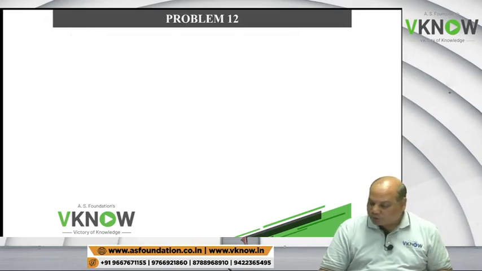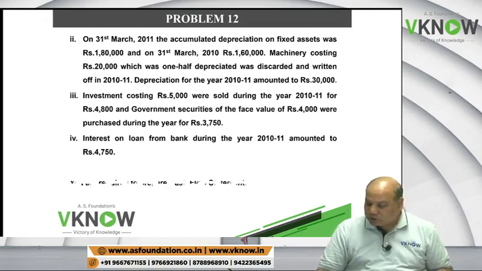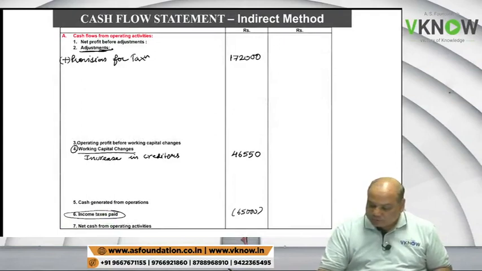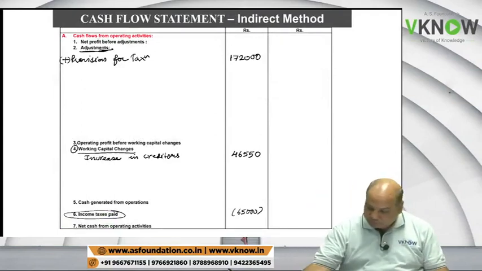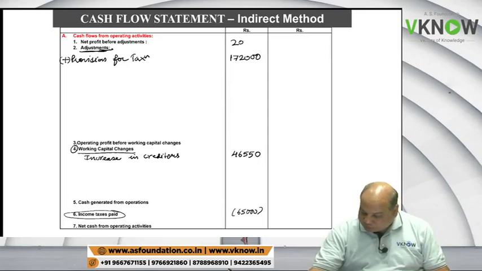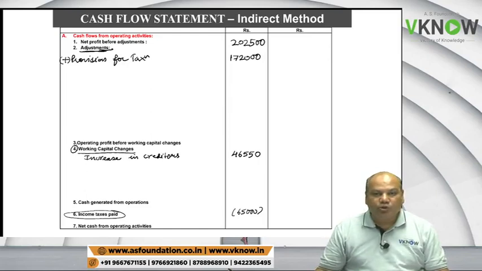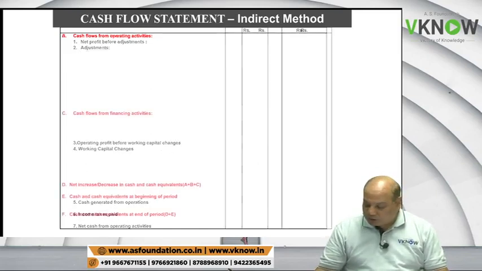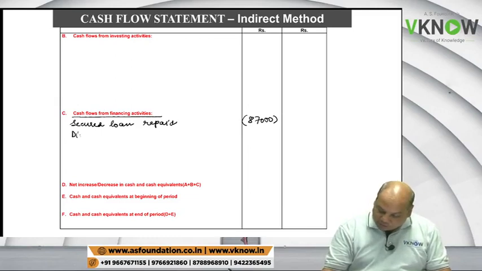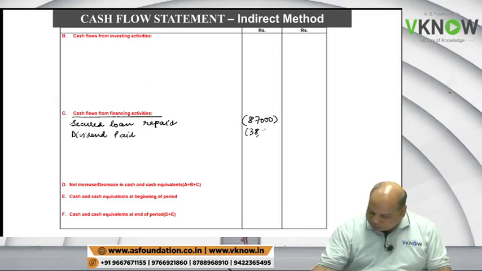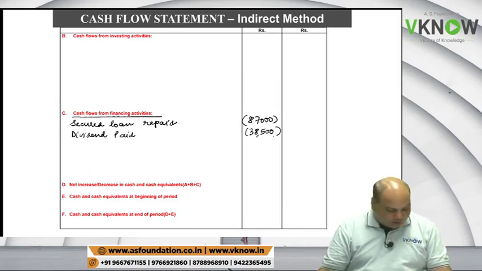Profit for the year you will write in the first line, net profit before adjustment 2,02,500, in your book adjustment number 1. And dividend paid, financing activity outflow, 38,500.